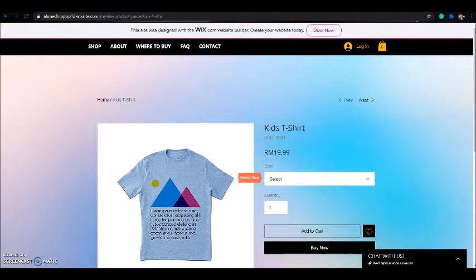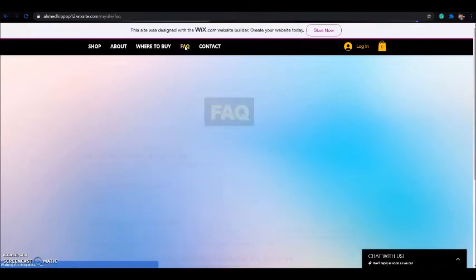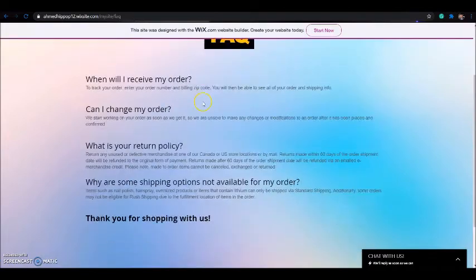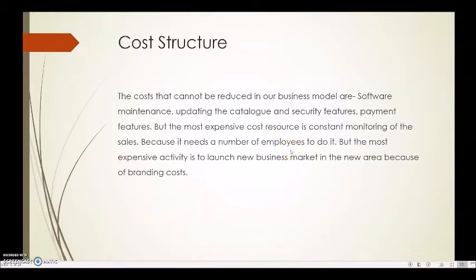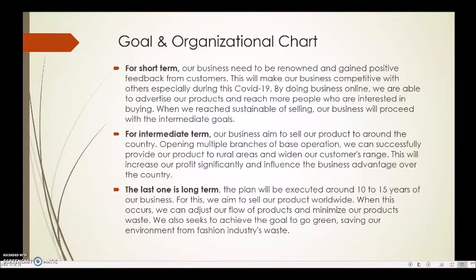We also need to look at the security for every structure and every account that people are signing up for, etc. So we think the cost structure mostly goes to the technical support for these websites, and additionally we have to cover branding costs for this business market area.